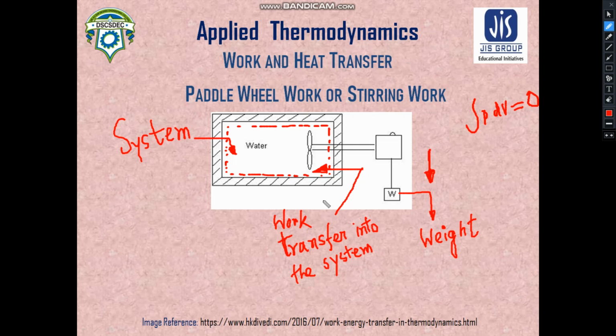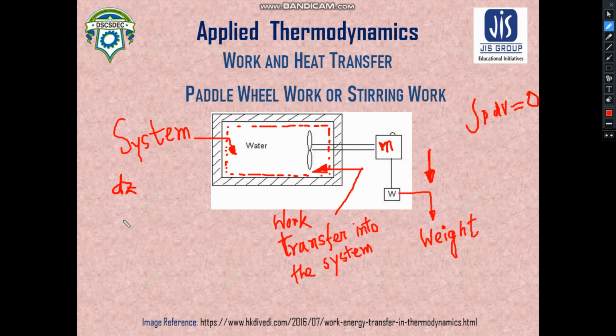Now, if we want to calculate the work done because of this stirring action, then we need to know the mass of this weight. Let us consider the mass is m, which has been lowered through a distance of dz. That means the weight, which had mass of m, is lowered through a distance of dz.